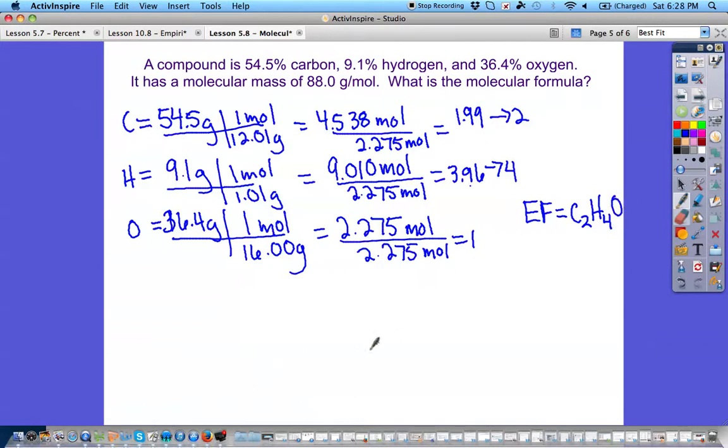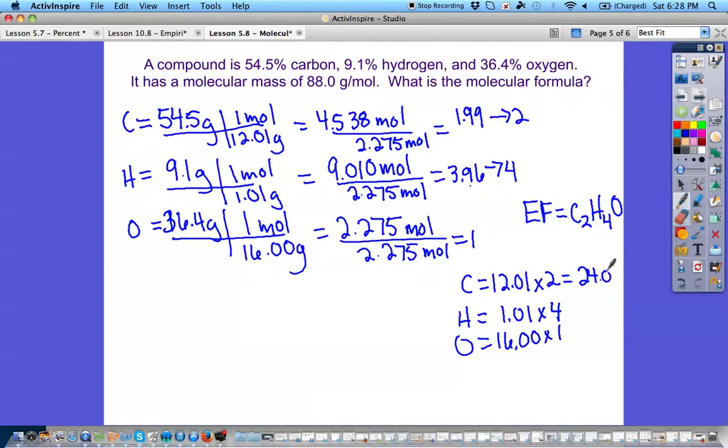So now we need to calculate our empirical formula molar mass. So this is going to be 24.02. 1.01 times 4 is going to be 4.04. 16 times 1 is 16.